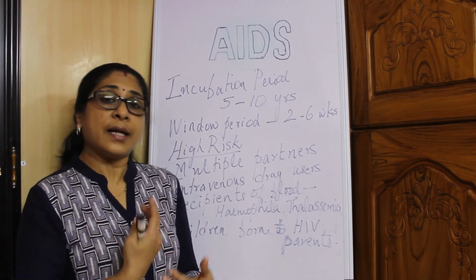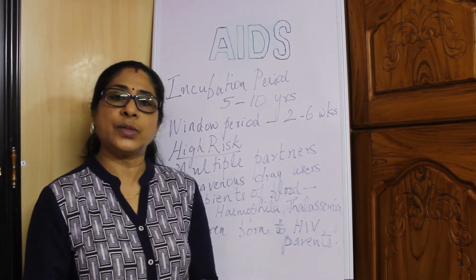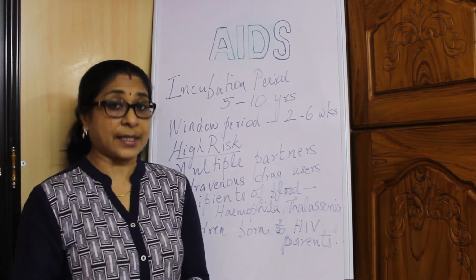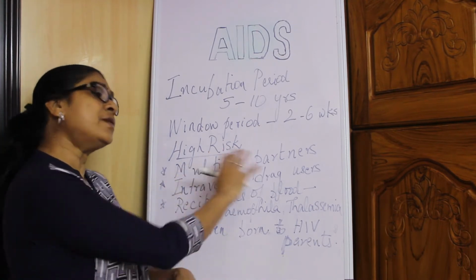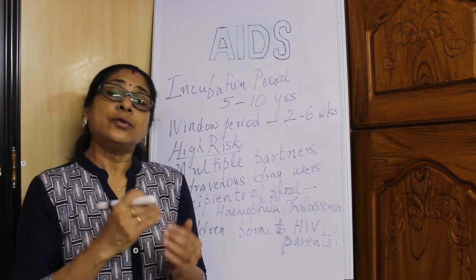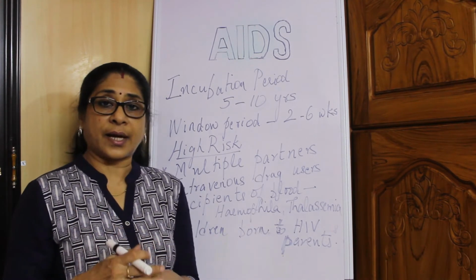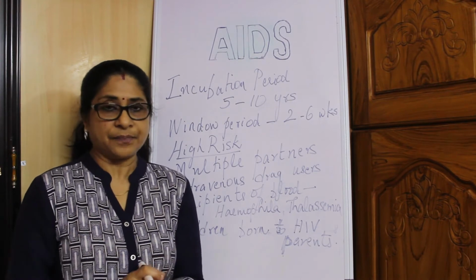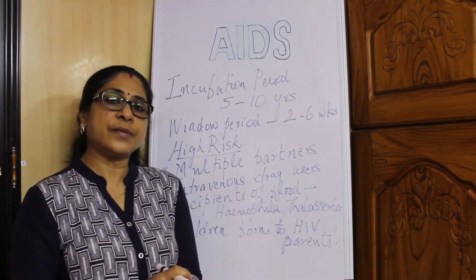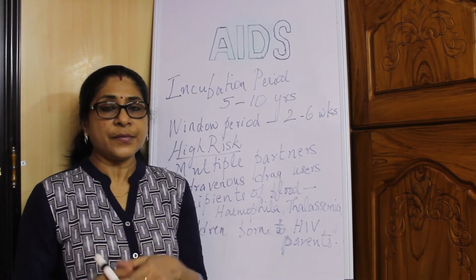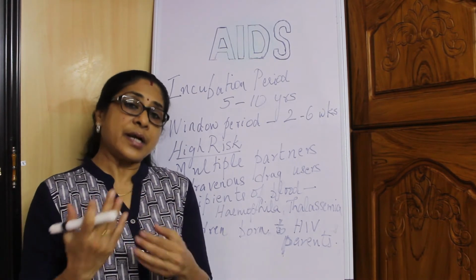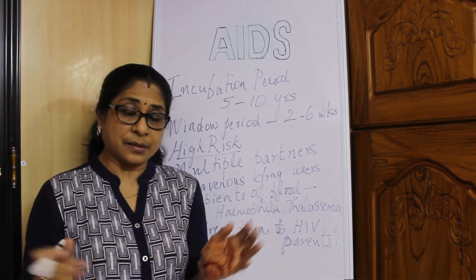Now, who are likely to be infected with AIDS? There are several categories of people. The first category are those individuals who have sexual contact with multiple partners, either homosexual or heterosexual relationships.